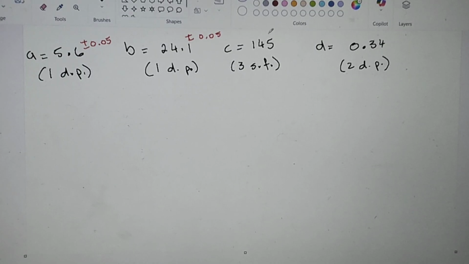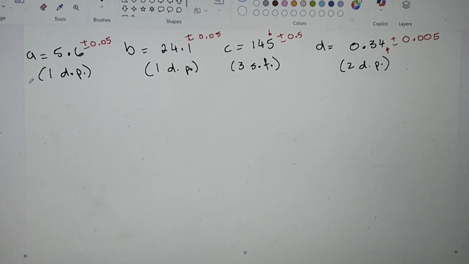For this 3 significant figures, my last significant figure is my units. So for this one, I'm going to add and subtract 0.5 because that's the next place value after that 5. And then for my 2 decimal places, I'm going to add and subtract 0.005, so a 0 for the 3, a 0 for the 4, and then my 5 going in there so that I can slap a 5 on behind that 4 when I add. All right.